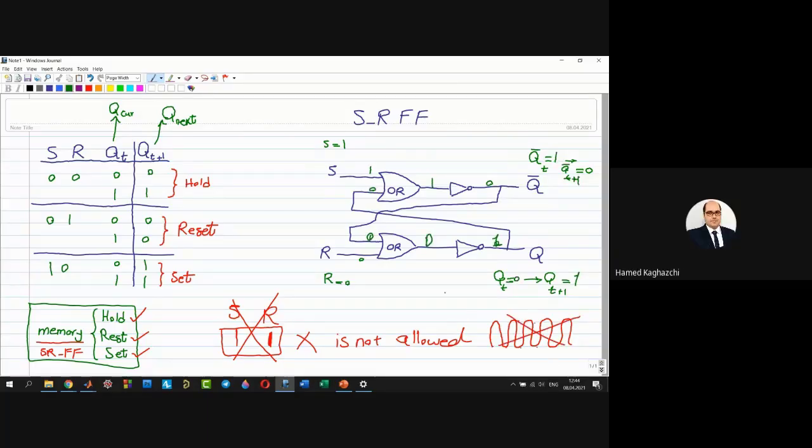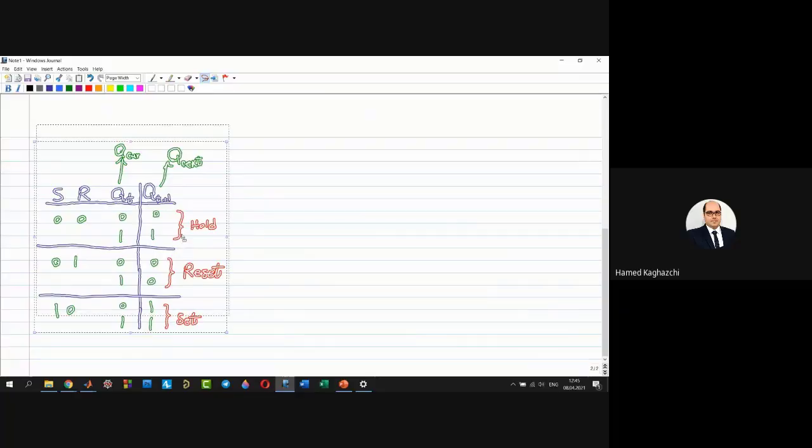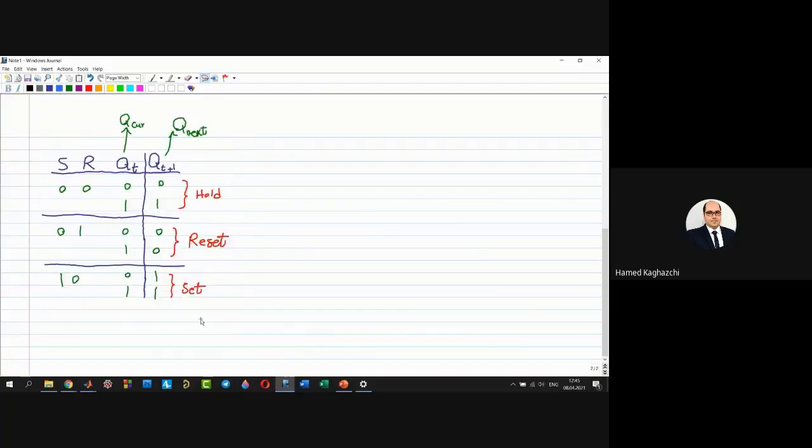Okay, now according to this truth table, I can draw the timing diagram.